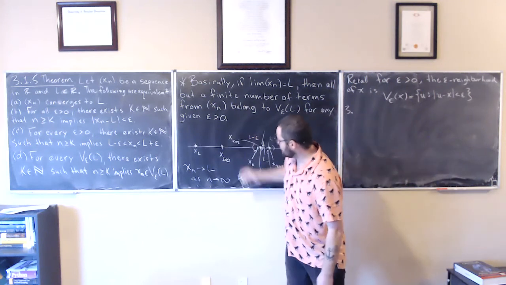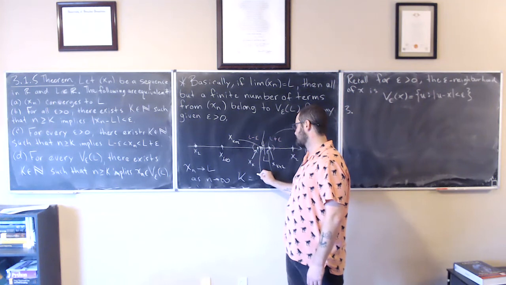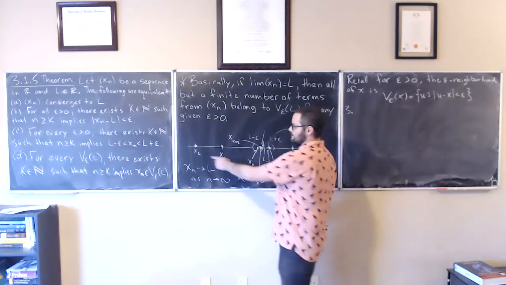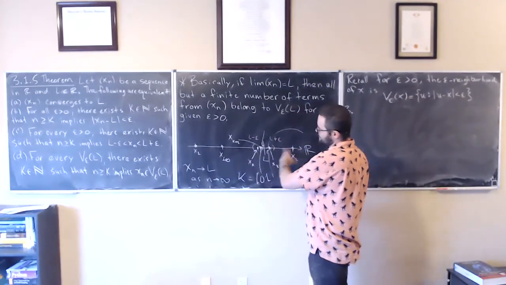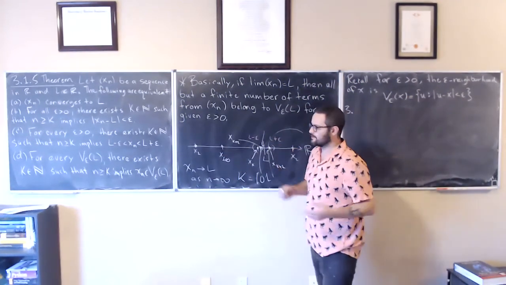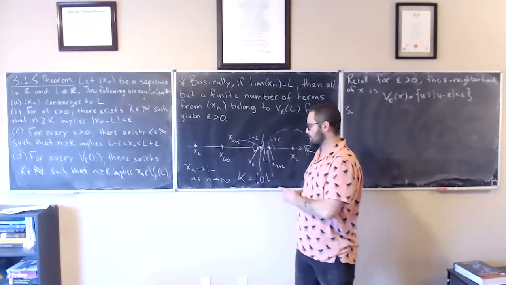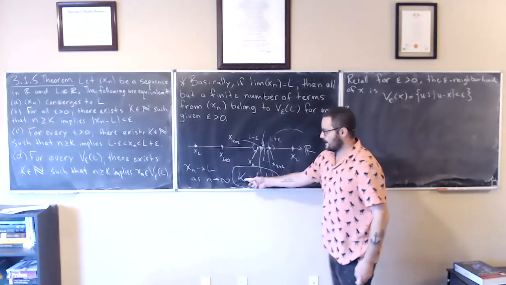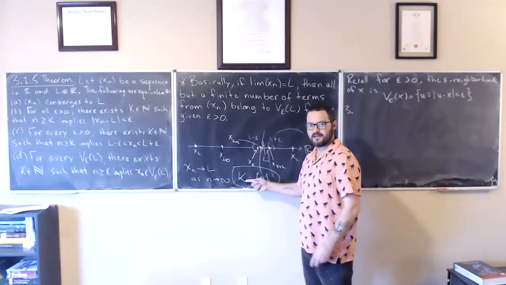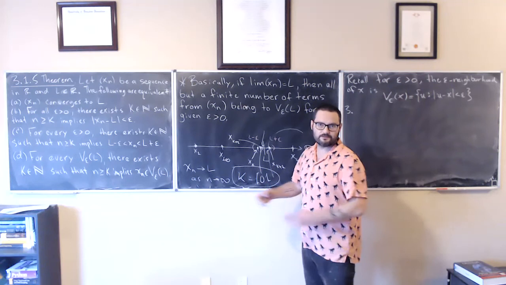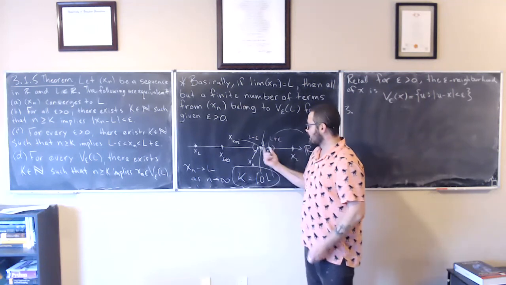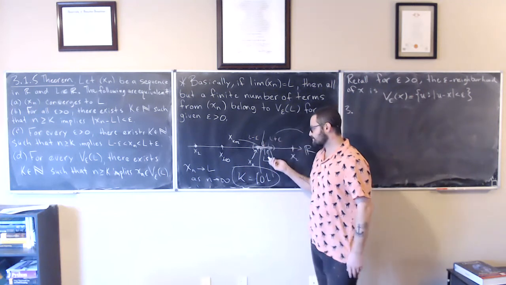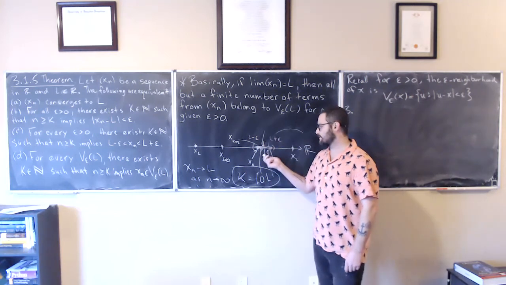And there's only a finite number outside. So if k was like 101, for example, then x1, x2, x3, x4 could be jumping around. But eventually, if that sequence converges, after you hit that index k, or capital N, or whatever you use, every bit of the sequence belongs to this epsilon neighborhood around the limit.